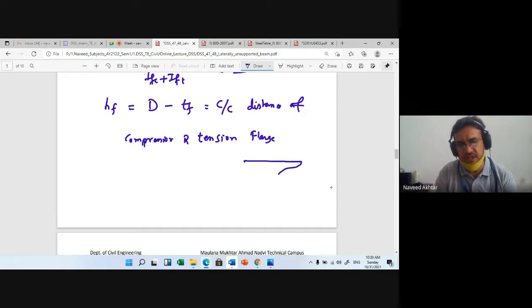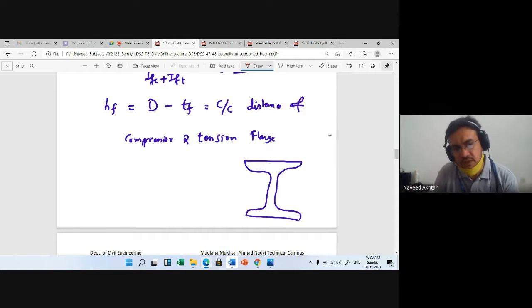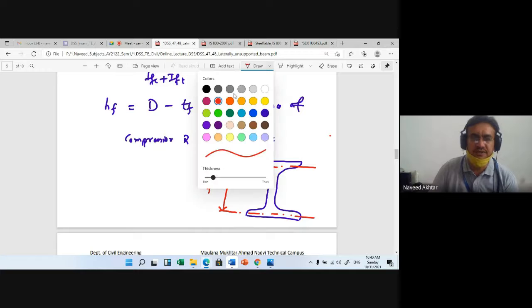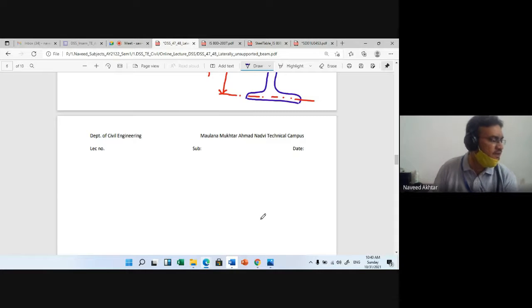If you draw this center to center distance, it is the CG of your compression plate and the CG of your tension plate. The distance between the two is your HF. Okay, to understand this, we'll proceed further. HF you can find out, and then put all the values in the IW.